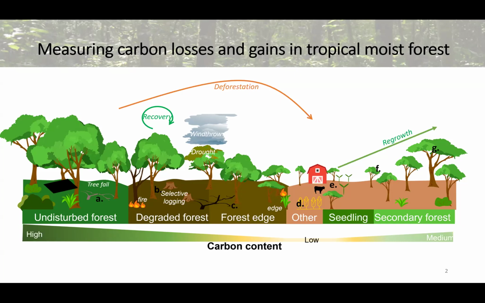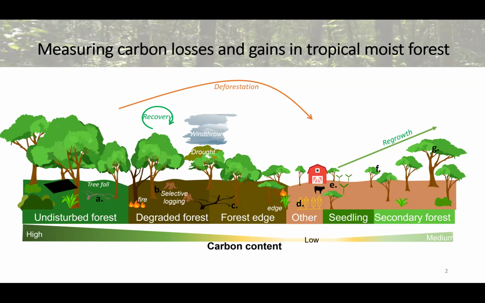But of course, we can have recovery occurring within these degraded forests, and along the forest edges, we've got what's commonly known as the forest edge effect, which is on the frontier with other systems in tropical forests, for example, other lands and other land uses. And of course, we also have the regrowth component in the form of secondary forests.